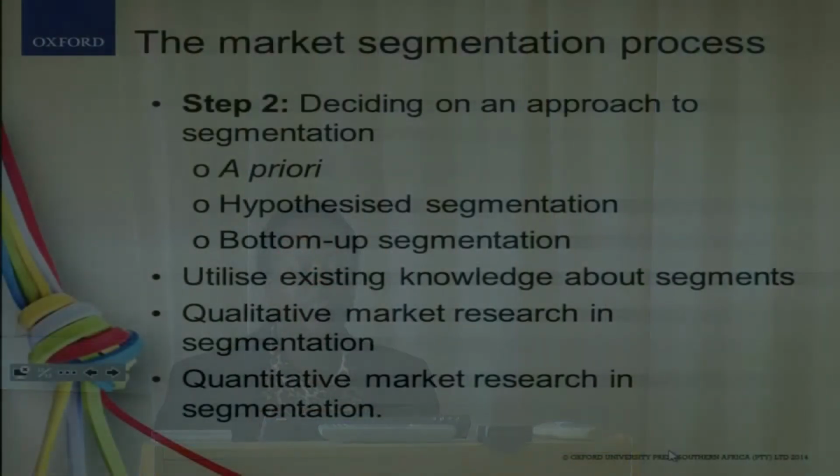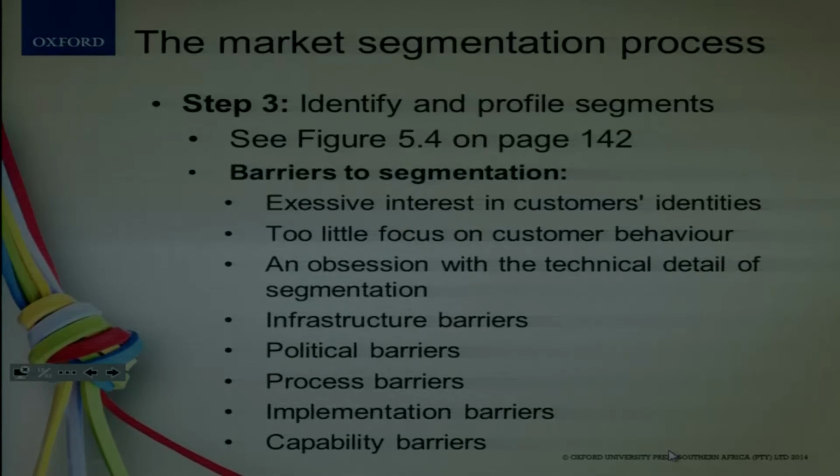Step number 2, you decide on an approach to market segmentation. There are different approaches that you can use. I like the last 2 approaches, where you can use the qualitative market approach, where you approach your target market by sending them semi-structured or structured interviews to get information, or you can compile a questionnaire when you undertake quantitative research on your market segmentation, so that when you start to sell to that market, you know that you've got quality information and you have got a lot of information by utilizing the quantitative methods of generating information.